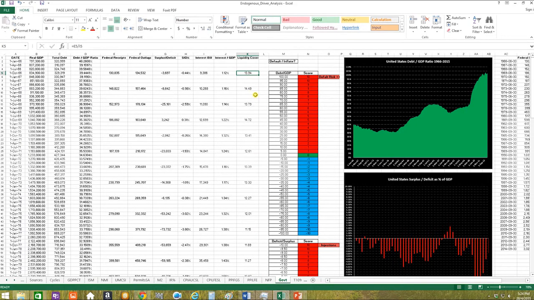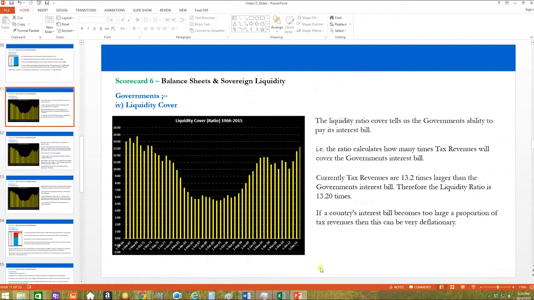The way the liquidity cover ratio is worked out is we're referencing cell E5. So column E, we're referencing federal receipts, the tax receipts that the government receives. And we're referencing I5, the actual interest bill. And we're dividing receipts by the interest bill to get our ratio. So let's go back to the presentation and look into this in a bit more detail.